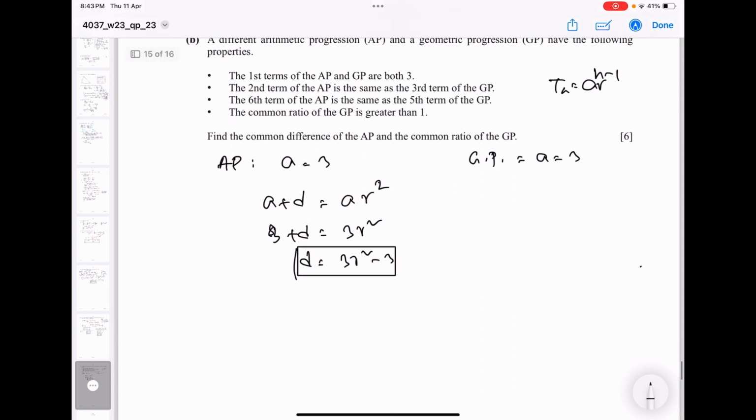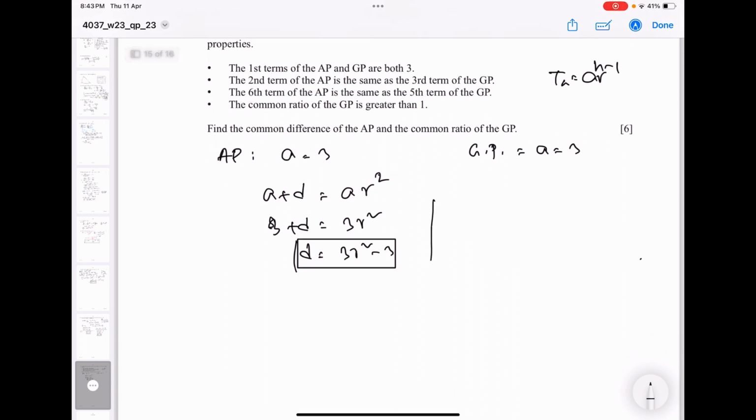Next part, the sixth term of AP, that is a plus 5d, equals the fifth term of GP. The sixth term of AP is the fifth term of GP, a r to the power 5 minus 1, that is 4.